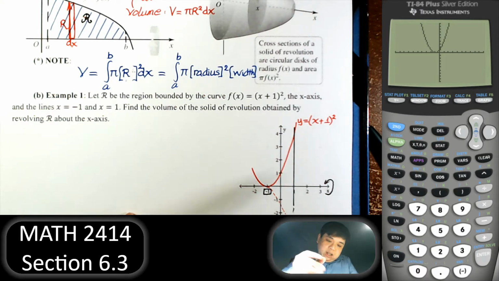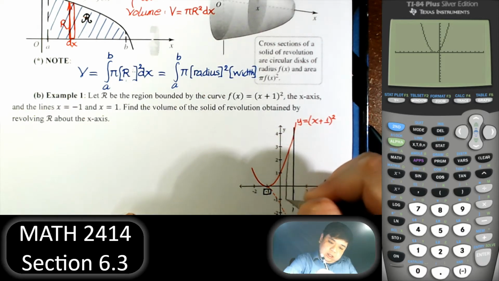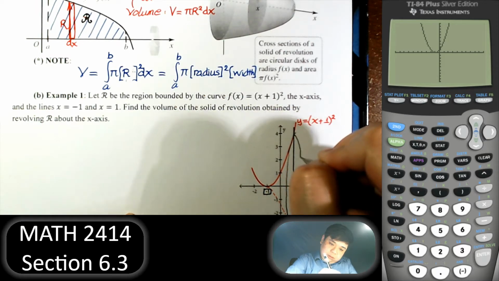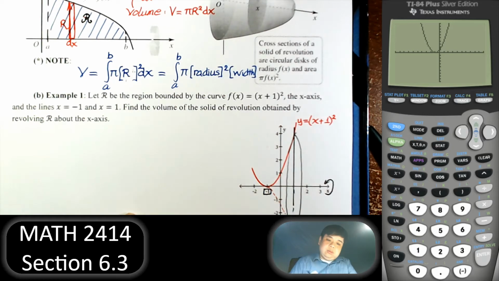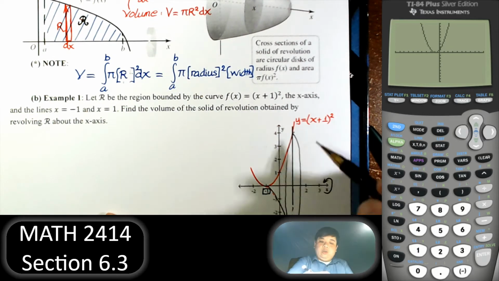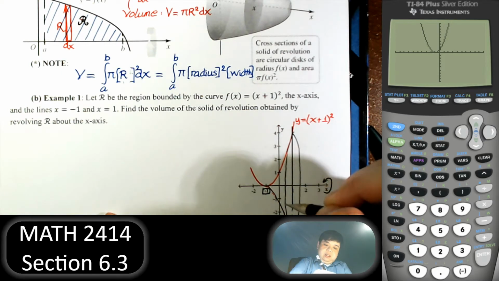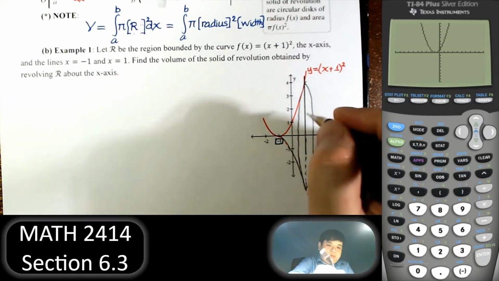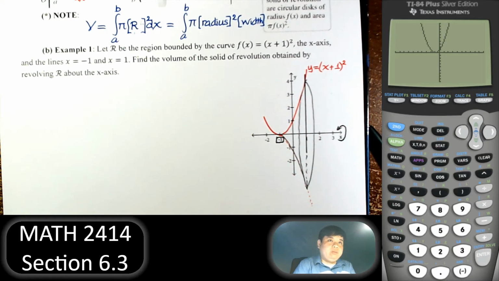And then what we have is kind of the rotation, like that. It's like a cone, but a very pointy cone. Right, so the volume.